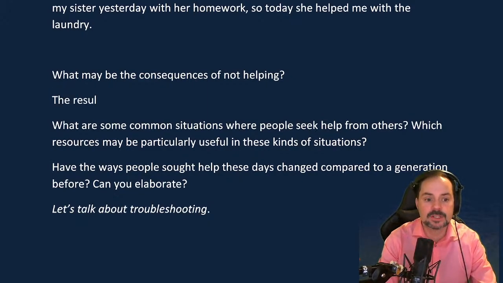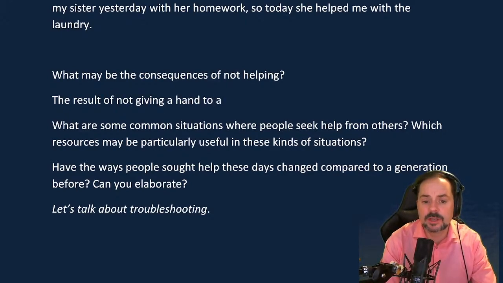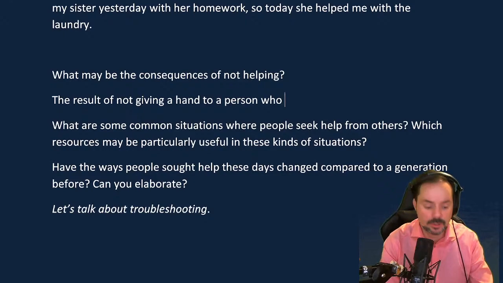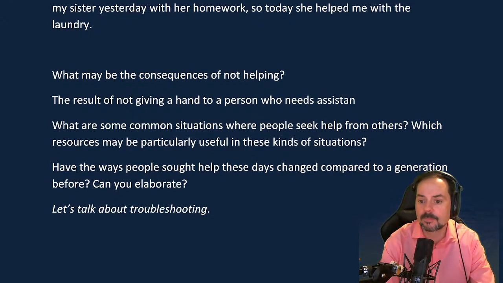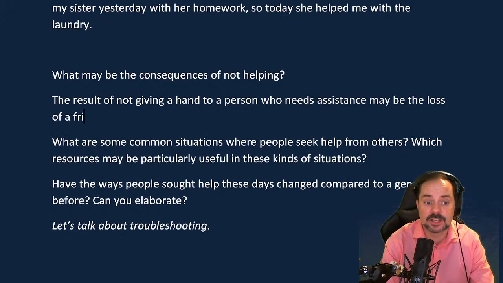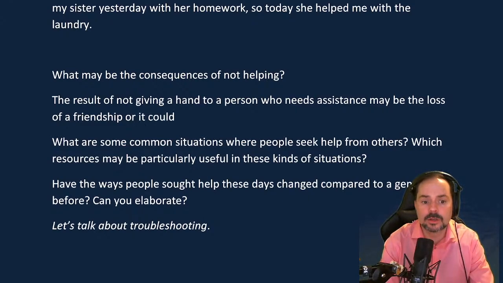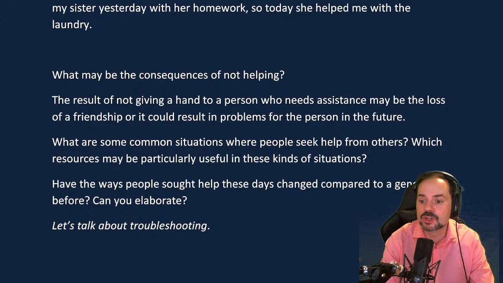So the result of not giving a hand to a person who needs assistance may be the loss of a friendship, or it could result in problems for the person in the future.